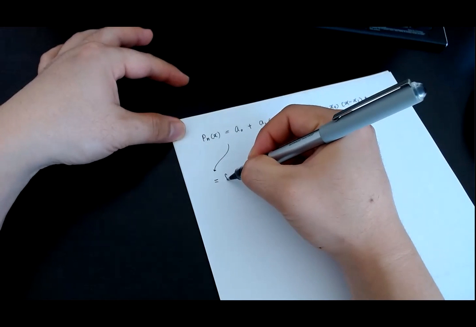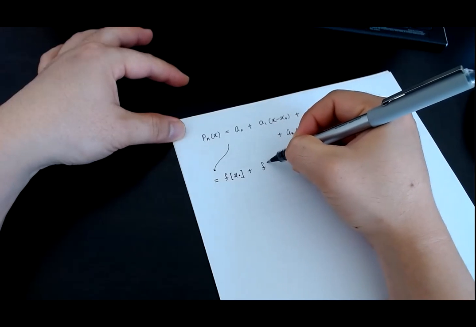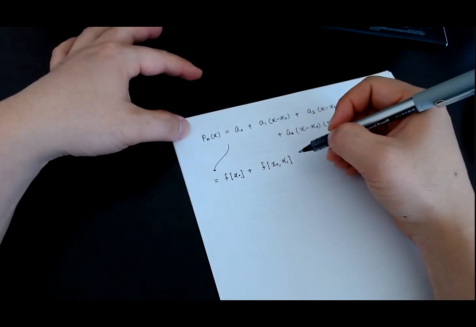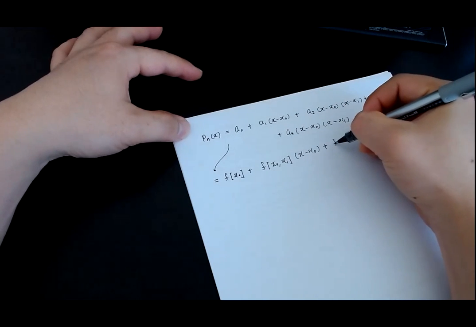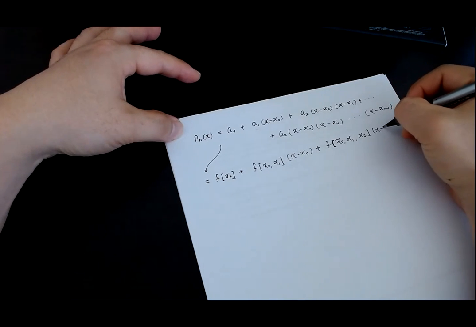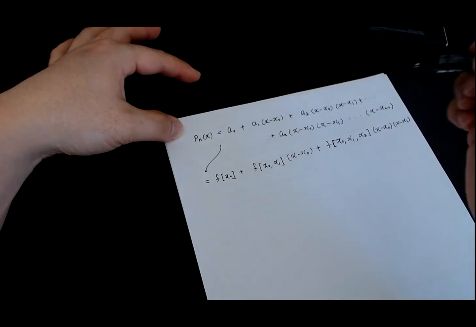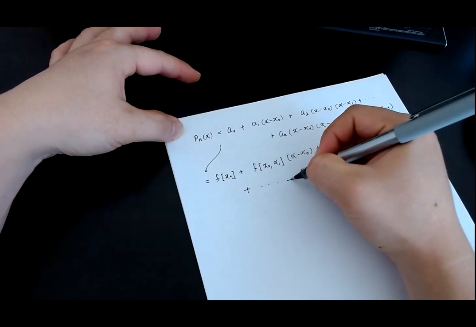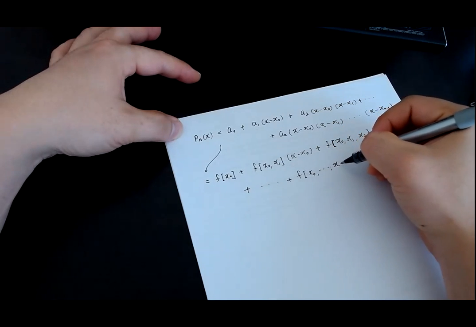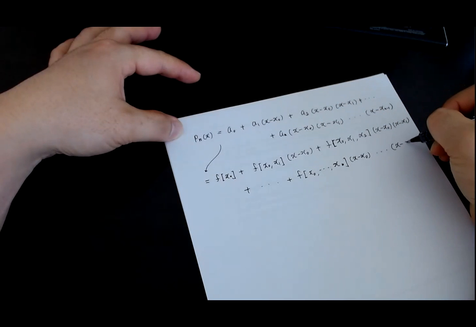A0 was f of bracket x0, and plus a1 was f of x0, x1, in divided difference notation, times x minus x0, then plus f of bracket x0, x1, and x2 times x minus x0 times x minus x1, and skipping until f of bracket x0 through xn times x minus x0 through x minus xn minus 1.